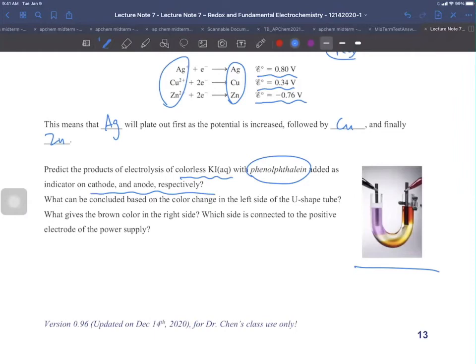On this side, there are a lot of colorless bubbles. It's not that clear, but we can still see them. At the same time, it changed into pink, a little bit purple. And on the right side, there is some reddish brown stuff produced. So there are a bunch of questions we need to analyze. Which side is the cathode, which side is the anode, and what is the reaction on each?